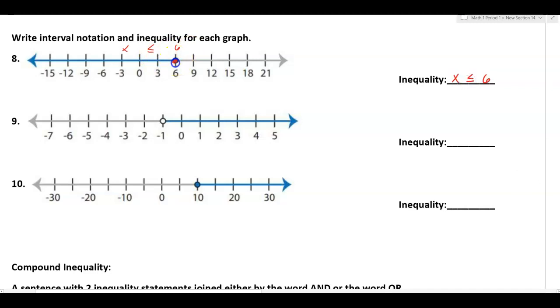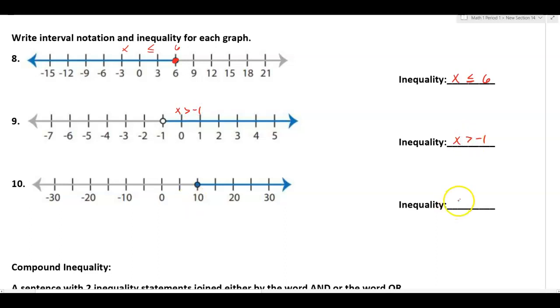Now, because that's a closed dot, that's why I put that little equal sign under. So here, I know I'm going to use x. It's plotted on -1. It's an open circle, so I know it's not equal to, but we're to the right. So I know all my x values are bigger than -1, so x is greater than -1.